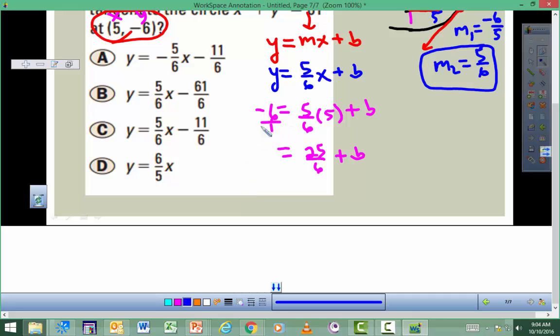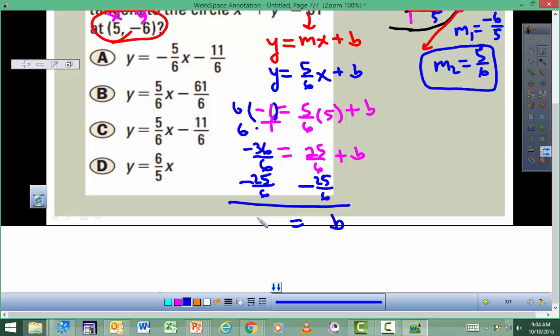Now if I get a common denominator, I'm going to multiply by 6 here and by 6 up here. This would give me -36 over 6. And now when I move this fraction over, I'm going to get b very quickly. I'm going to subtract 25 over 6 on both sides, and that'll allow me to get b figured out. It looks like to me it's going to be negative 61 over 6.